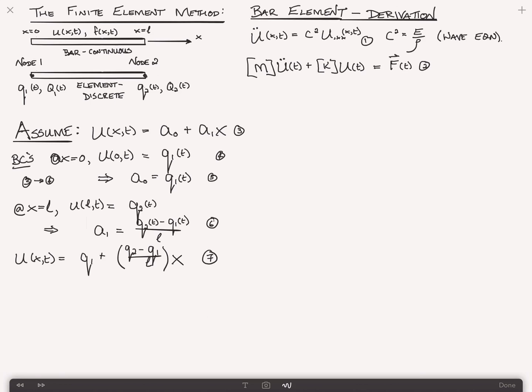I can rewrite that displacement field as follows. Just algebra. 1 minus x over L times q1 plus x over L times q2. Call that 8. I can further rewrite it in matrix form like this: 1 minus x over L, x over L, times q1, q2.